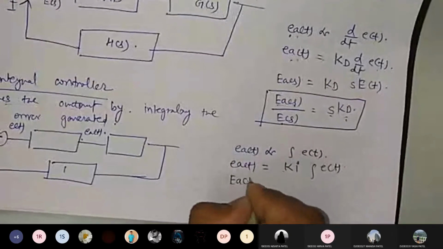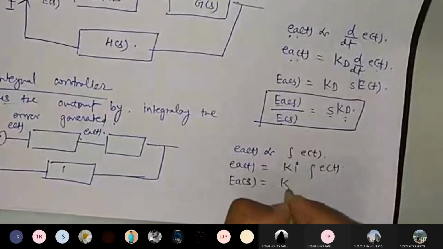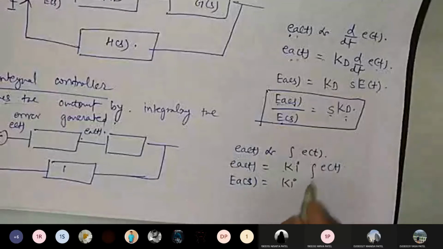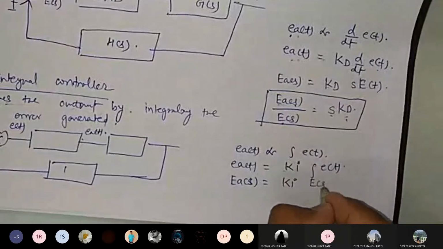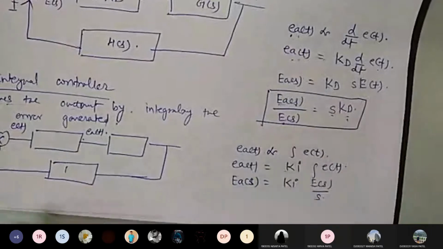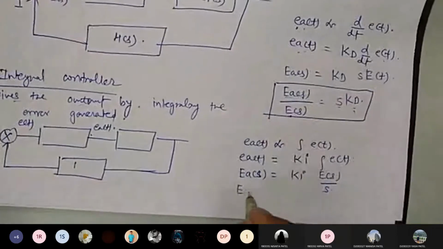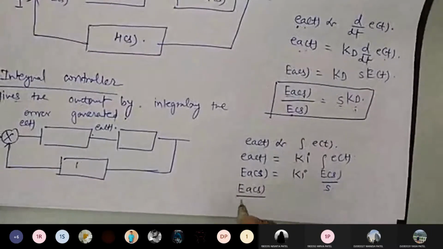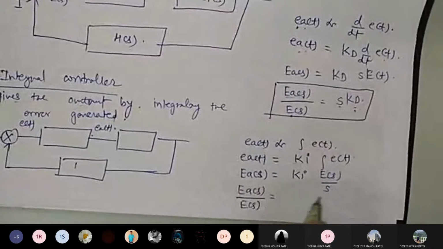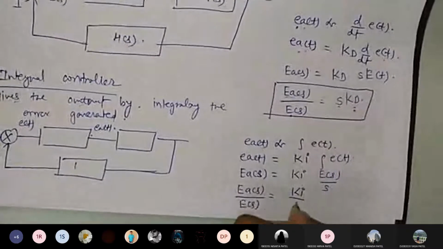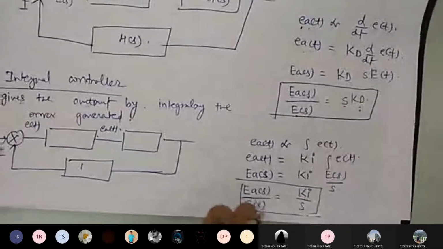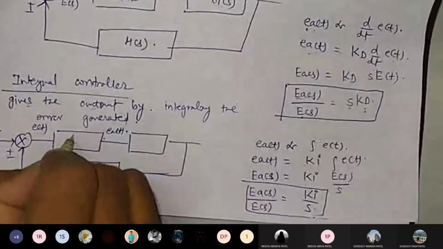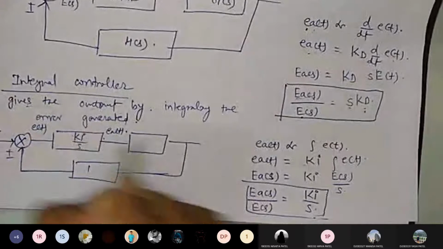Ea of s is equal to Ki times the Laplace of the integration of some function, which is nothing but E of s upon s. So mathematically Ea of s upon E of s is equal to Ki by s. So here we'll be having Ki by s.